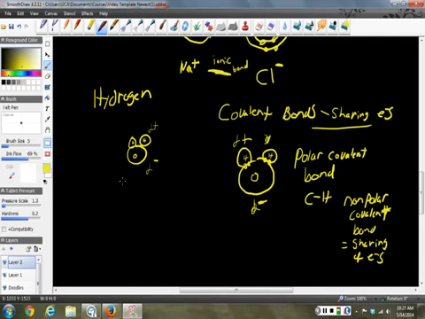Now another water molecule over here might orient this way. Remember, this is positive, this is negative. They will form a bond, because kind of like in ionic bonding, positives and negatives attract. Right here is a hydrogen bond.